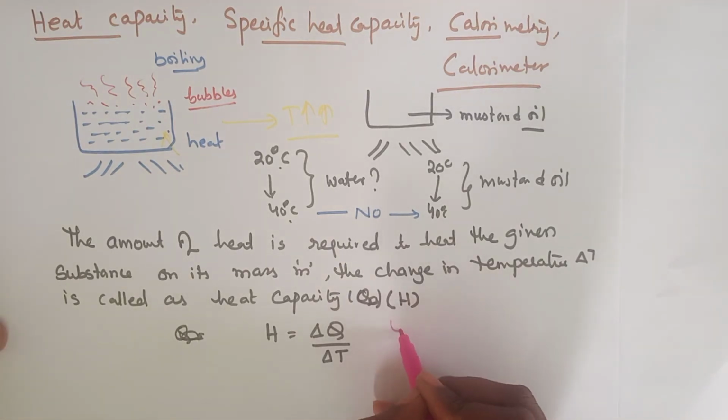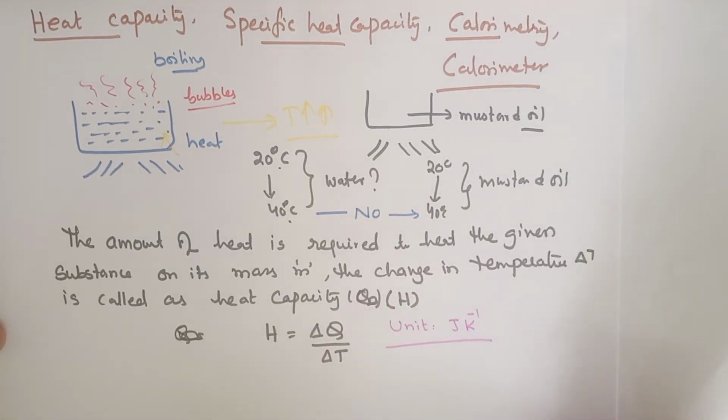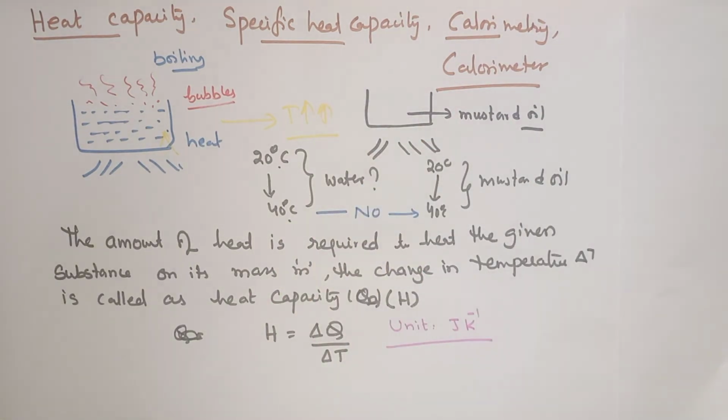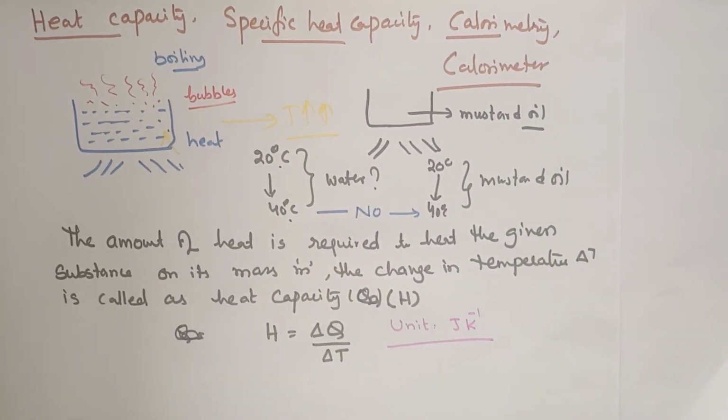What are the units actually? The unit is joule per Kelvin. Suppose you take 2 kg of oil and want to increase the temperature by 40 degrees centigrade. The amount of heat supplied is called heat capacity.